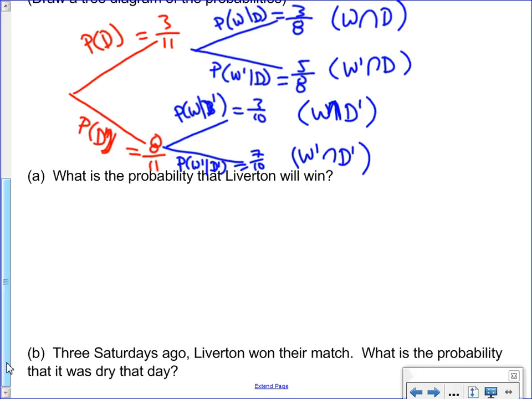So the probability that they'll win is going to be the probability that they'll win and dry plus the probability that they'll win and not dry.